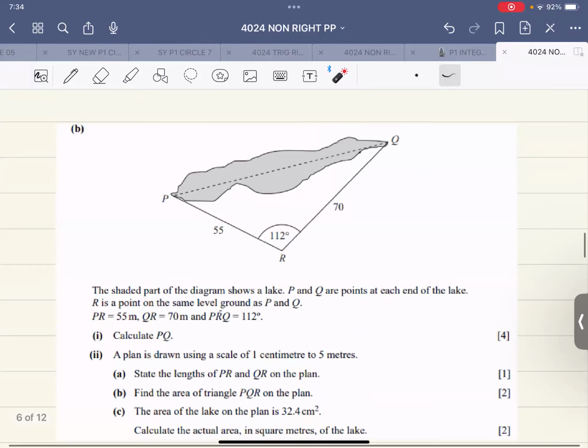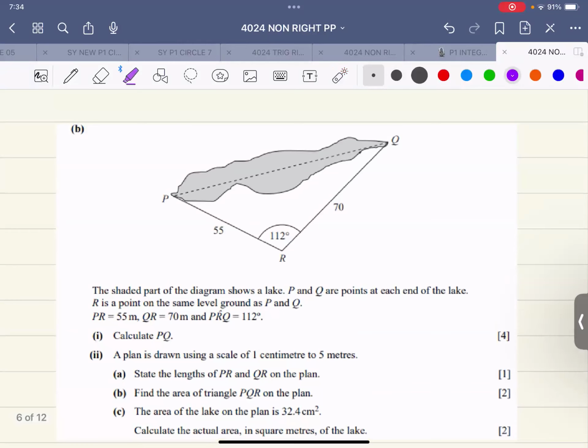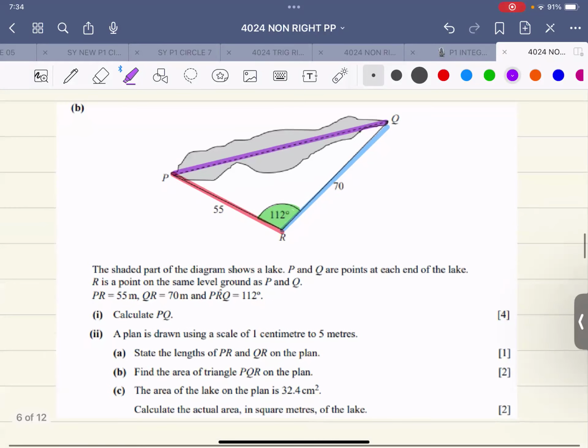Calculate PQ. So now we have two sides and an included angle. So this is one side, this is the other side, and this is the included angle, that is this green one over here. So when you have two sides and included angle, you can find the third side using cosine rule.